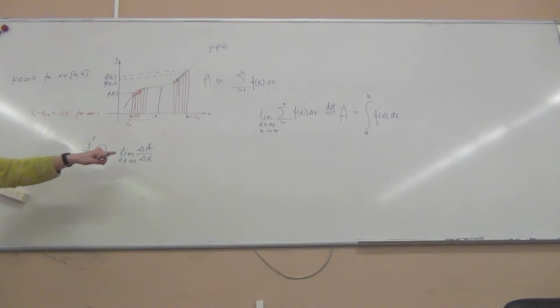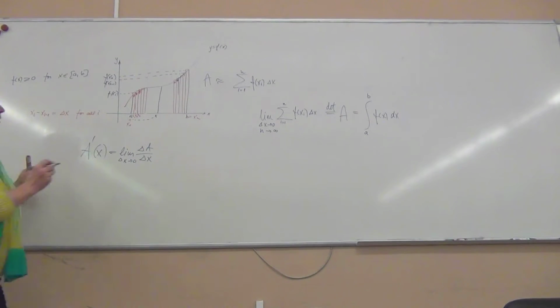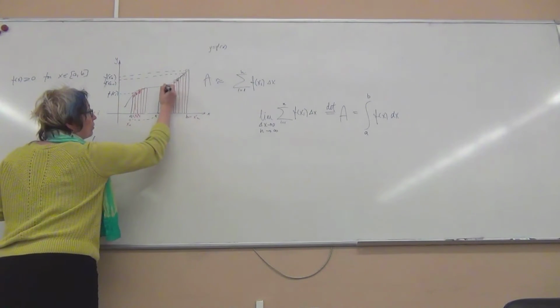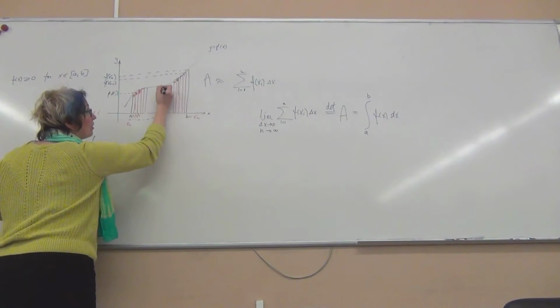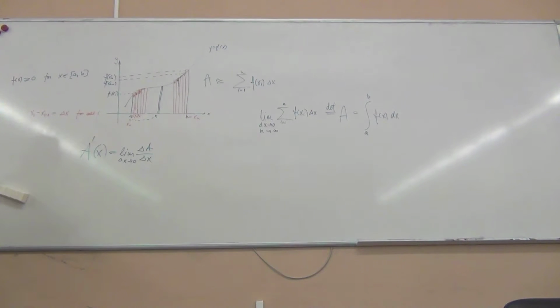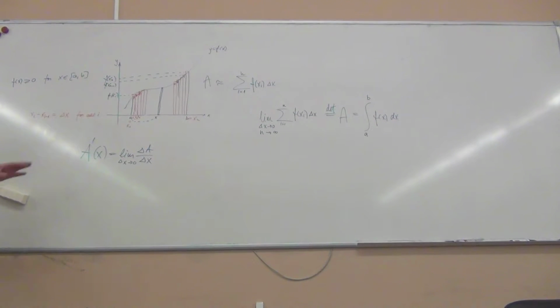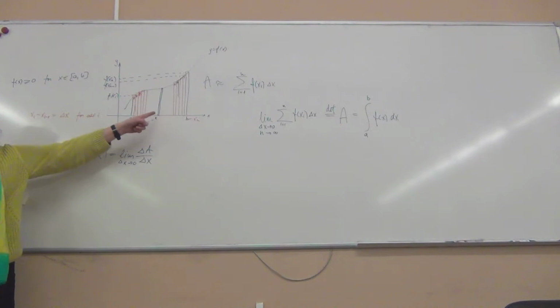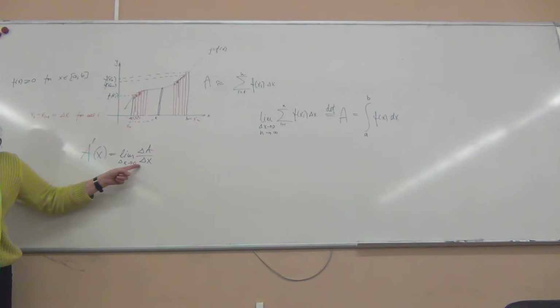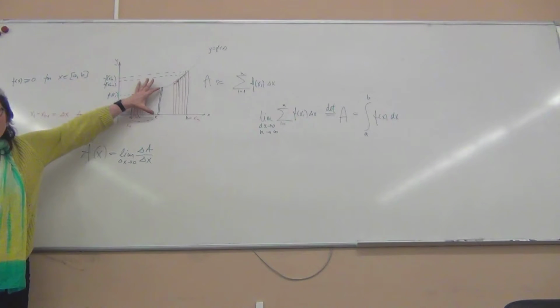If I look at delta A that corresponds to this delta x, what is that? It is this. So the area delta A is this area of one slice. If I divide it by delta x, what do I get? 1. I get the function value.